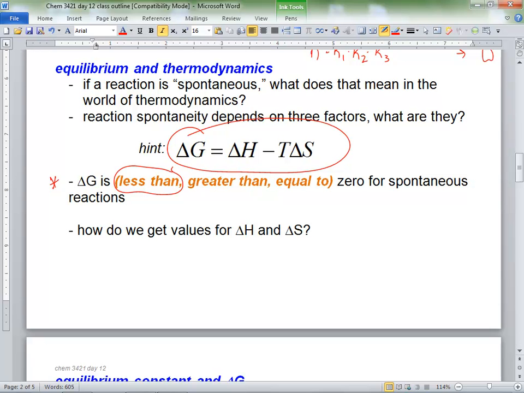So is there such a thing as a negative temperature? No. So should temperature be high or low to really help spontaneity along? Really high, right? You're subtracting it. And delta S needs to be, you have 2 choices, positive or negative for delta S. Positive. What does that mean, by the way? Entropy, yeah.